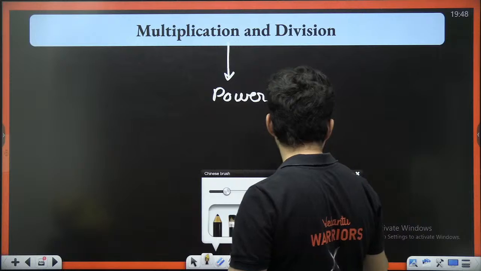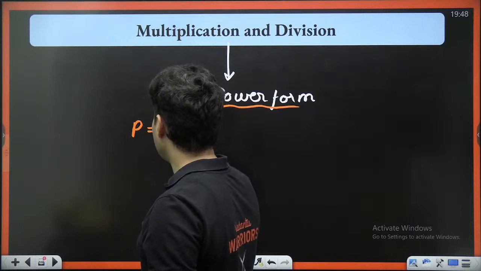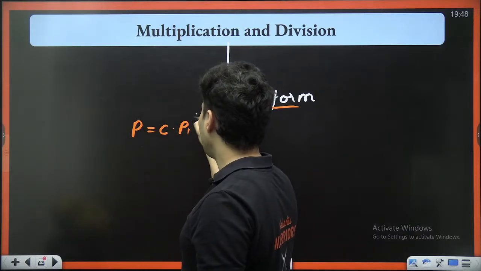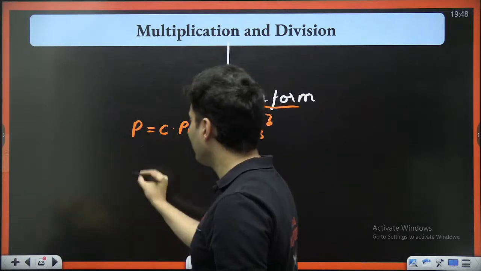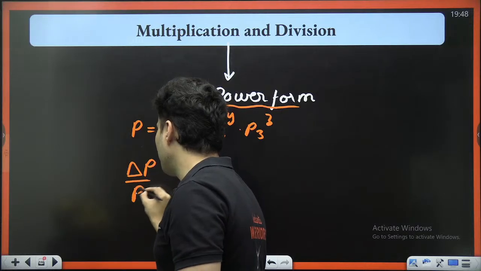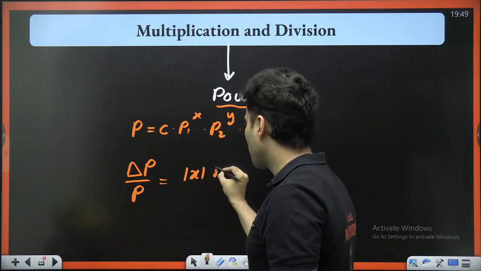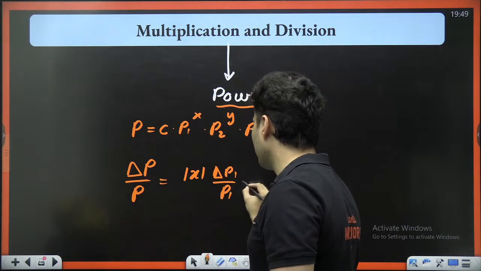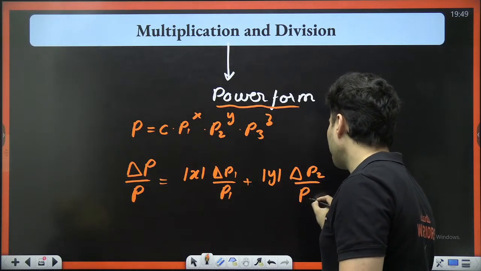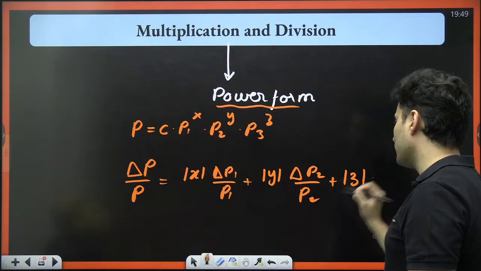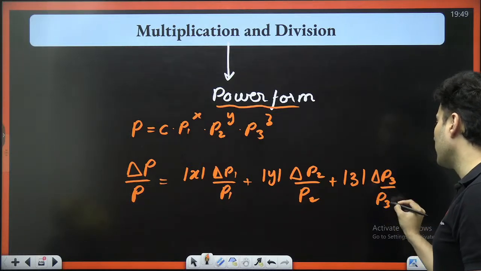So what is this power form? It says if any physical quantity is some constant into p1 raised to x, p2 raised to y, p3 raised to z, and so on and so forth, then the relative error in p, forget the constant, is modulus of x times relative error in p1, plus modulus of y times relative error in p2, modulus of z, that means always the positive values of the powers, times p3 error, and so on and so forth.